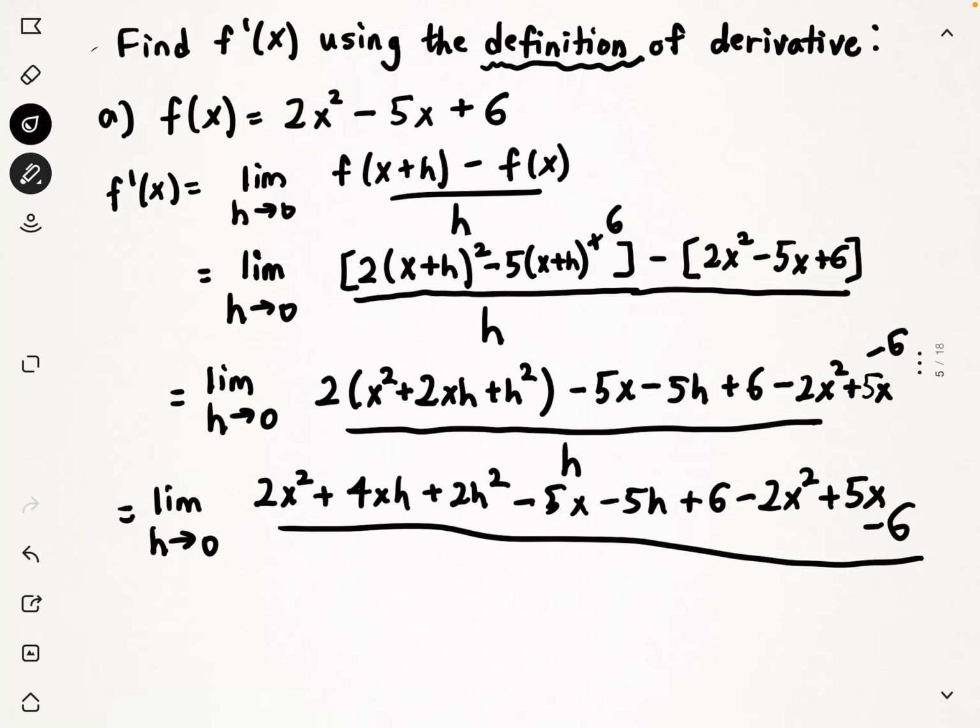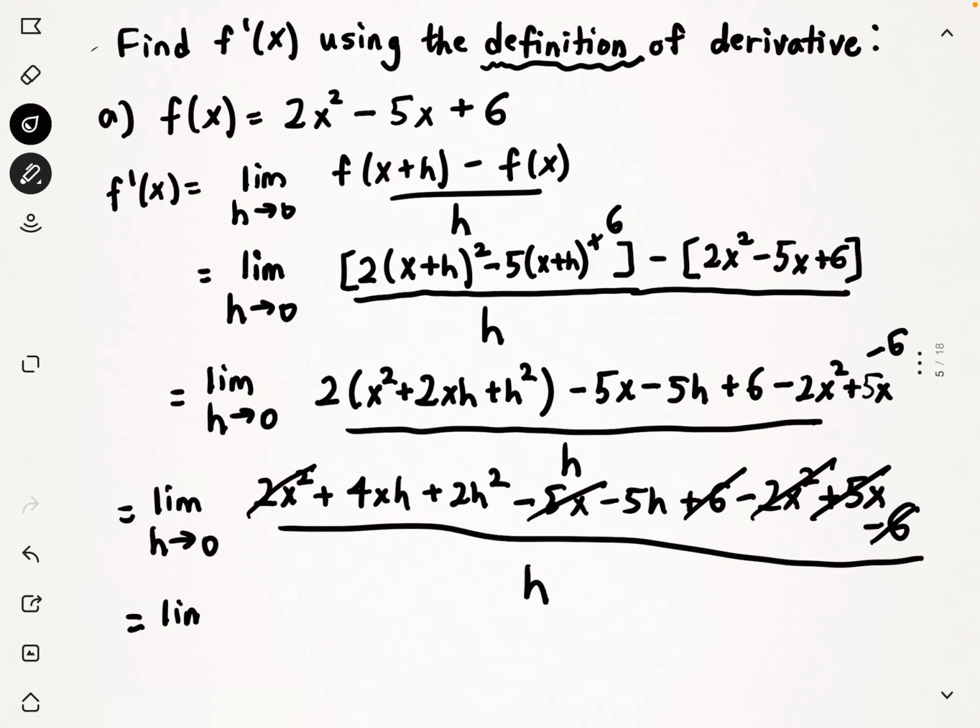And of course, that's all over h. But notice here, we have a 2x squared and a minus 2x squared. They cancel one another out. We have a minus 5x and a plus 5x, which also cancel. Plus 6 and minus 6. So you can see that this is going to get a little bit simpler.